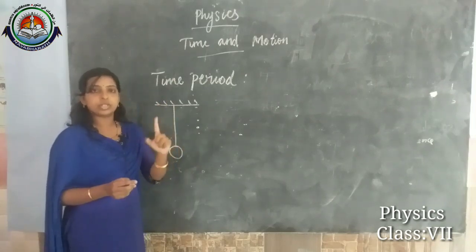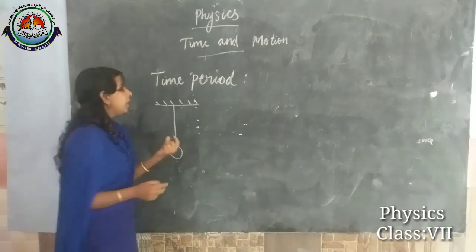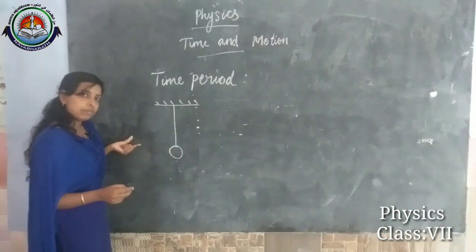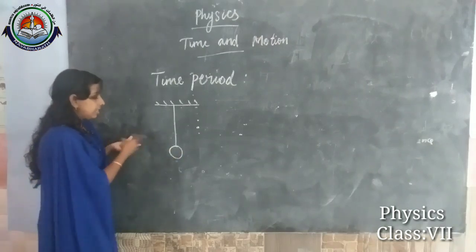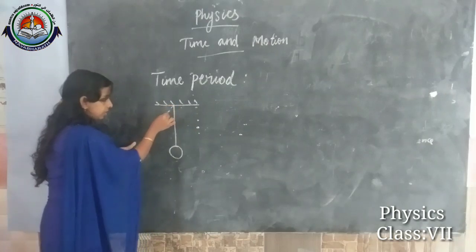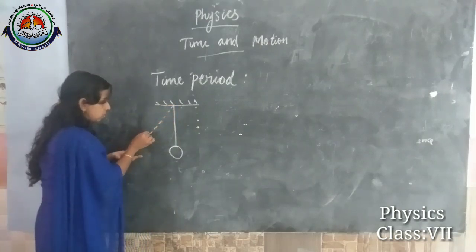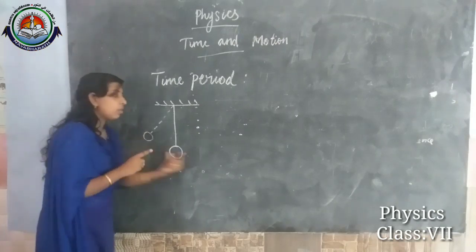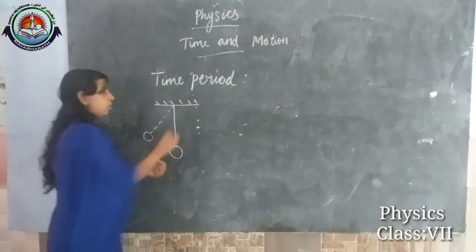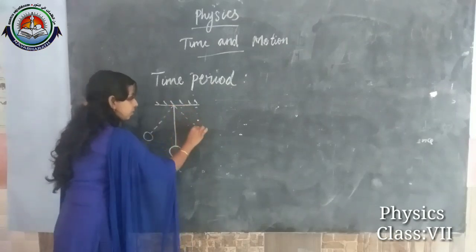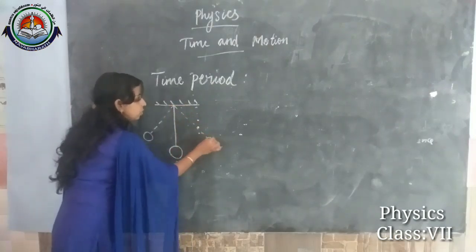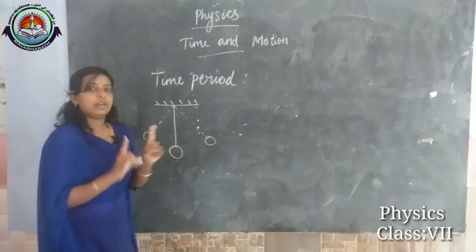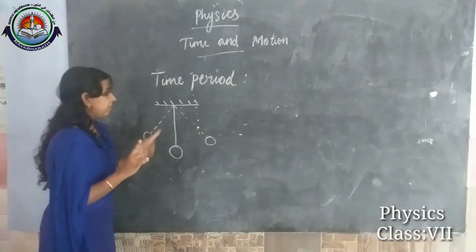Here we move the bob to an extreme position and release it. Then what will happen? It starts to oscillate.